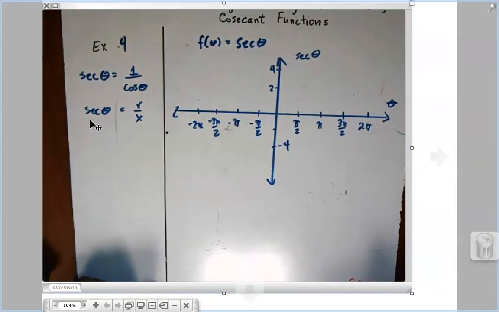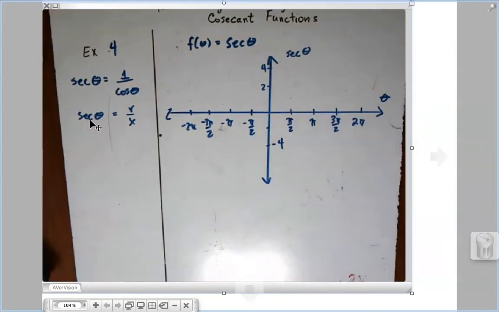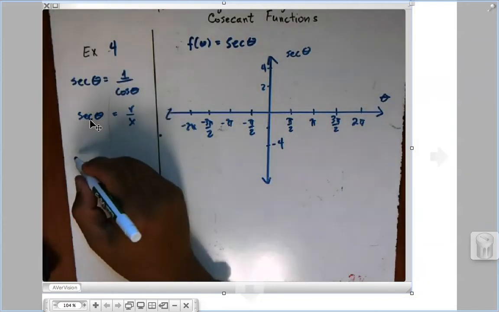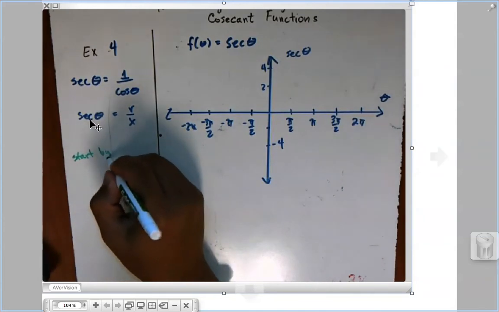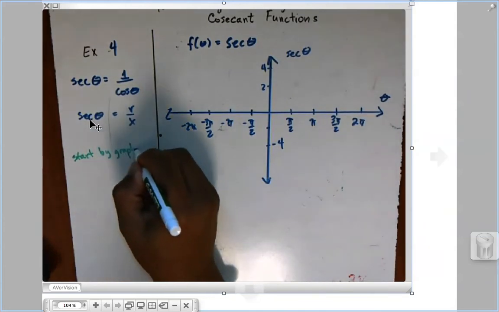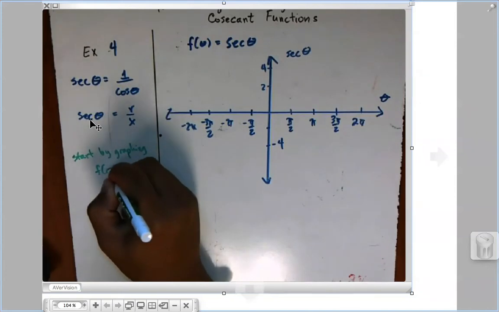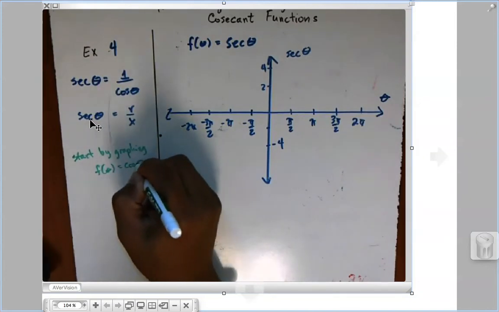Okay? And I'm going to try to be really ambitious here. I'm actually going to try to graph this without using my graphing calculator. We're going to start by graphing f of theta equals cosine of theta.